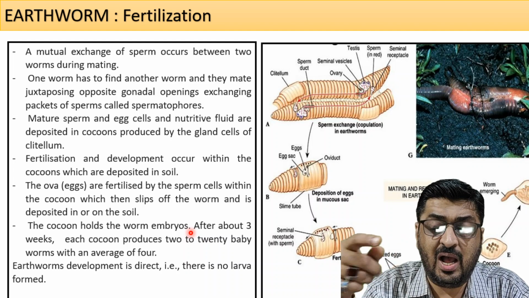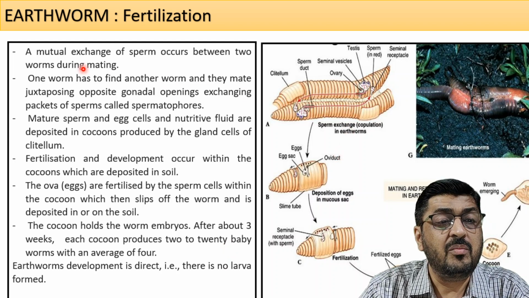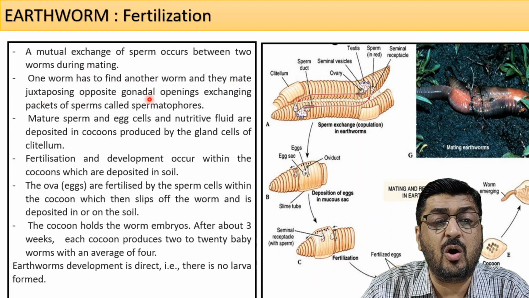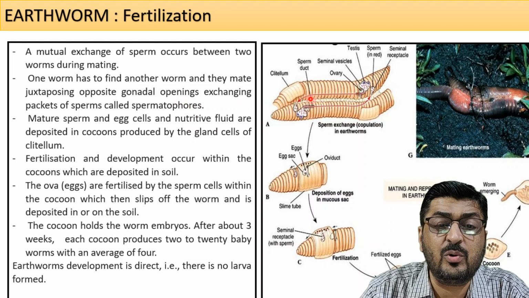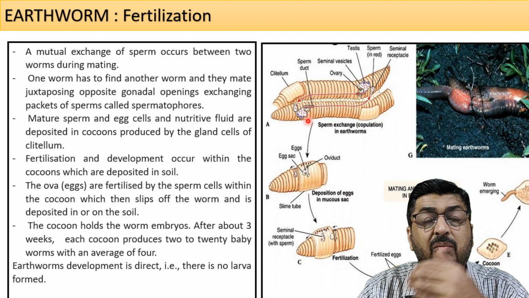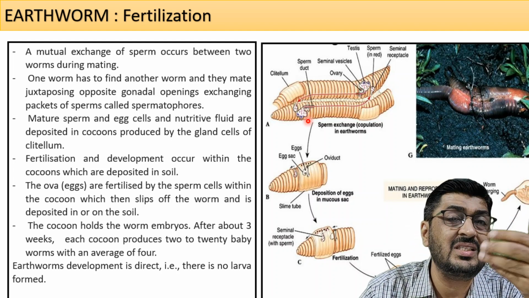Right? How is the reproduction going to occur? Mutual exchange of sperms occurs between the two worms during mating, and they mate juxtaposing opposite gonadal openings. Right? Now, juxtaposing opposite gonadal openings means the male structure of one in front of the female structure of the other.